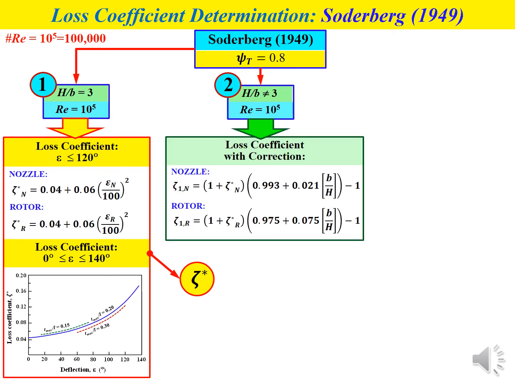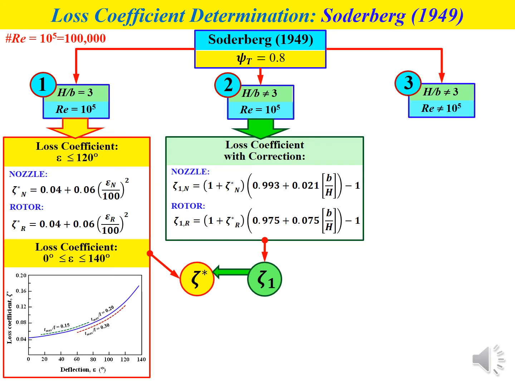So Soderberg suggests the second correlation for this case, where this correlation already includes the correction value, and we can determine the loss coefficient by referring to the equation for zeta 1n for the nozzle and zeta 1r for the rotor as shown in the slide. From the second correlation we can determine the value of zeta 1. However, to determine zeta 1, we need to know the zeta star value, because the equation involves zeta n star and also zeta r star.